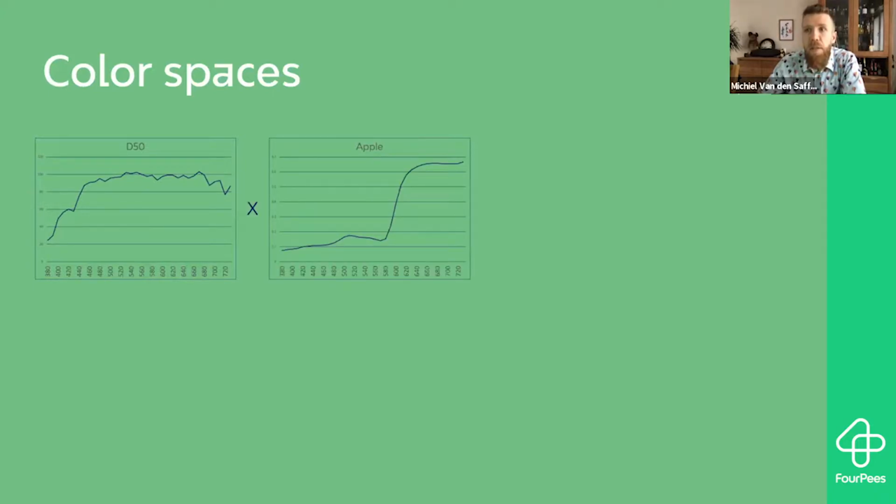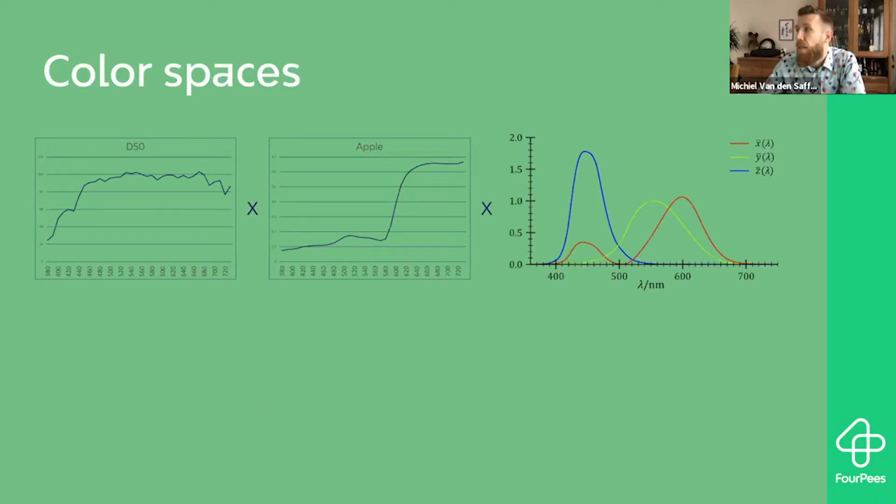Now, remember that the last time we talked about these light curves, we talked about our object curves, and about our color matching functions. And from this information, we can calculate the theoretical color space, and we can calculate the XYZ tristimulus values.